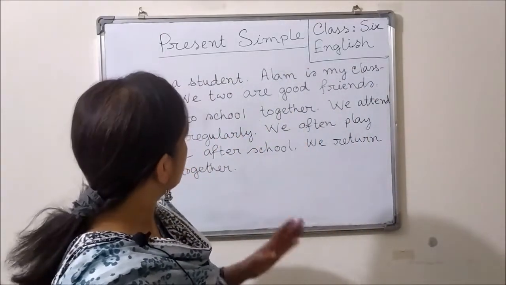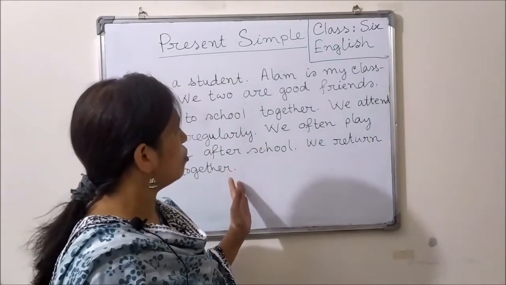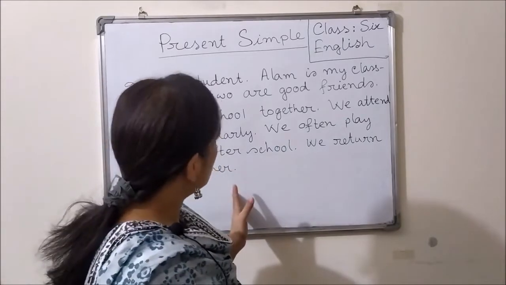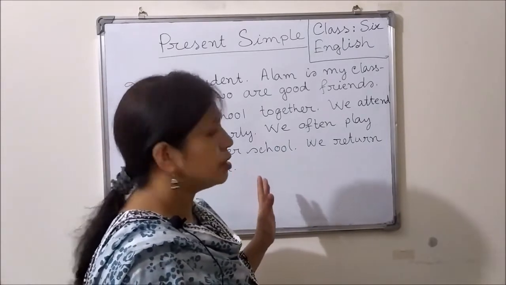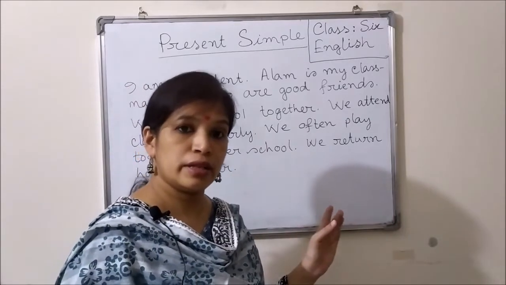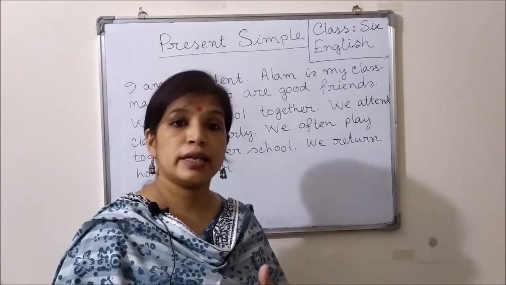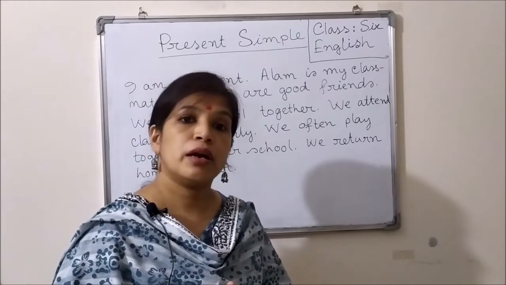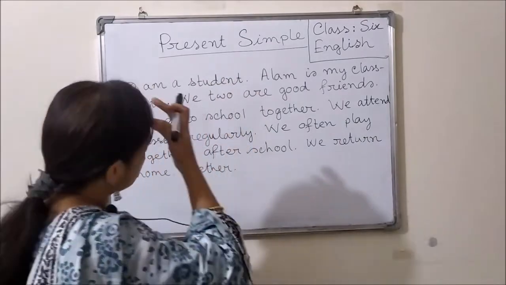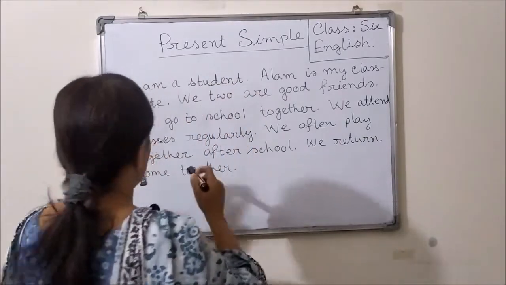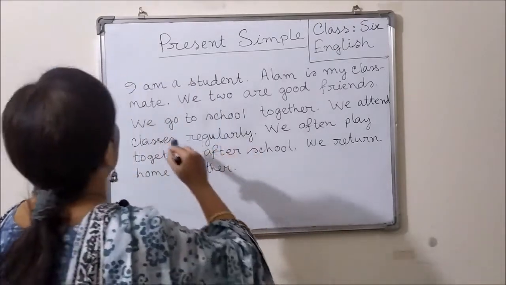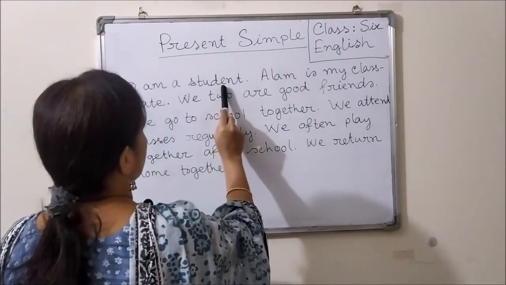Now, like before, I have written a passage on the board. Now we will read the passage, identify the verbs and try to get an idea about the present simple. Okay dear learners, in this passage: I am a student.